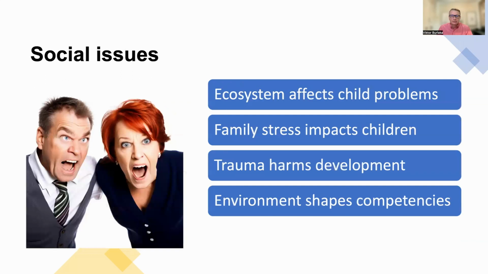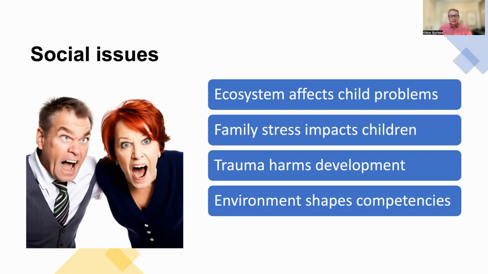Child problems, argue some researchers, are not solely a product of individual issues, but rather a reflection of a larger ecosystem in disarray. To create lasting positive changes, it's essential to assess and address these problems within the broader context of family and environment.